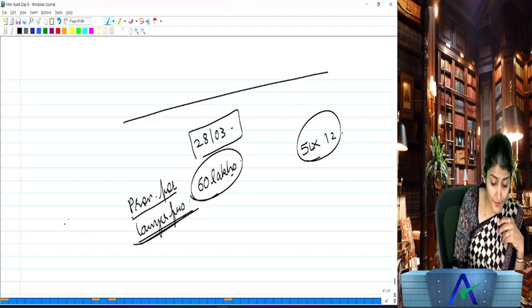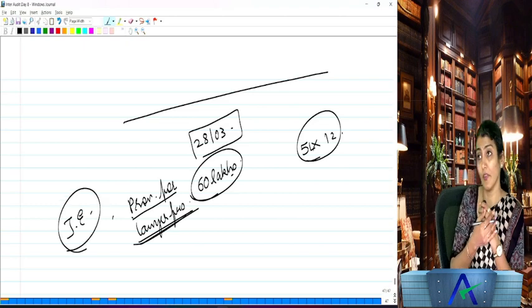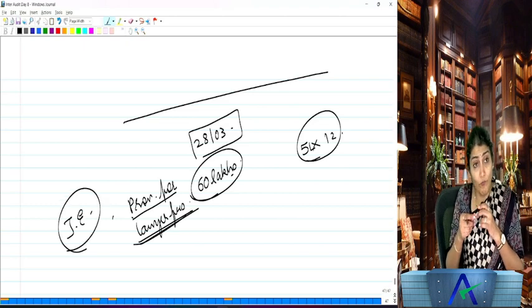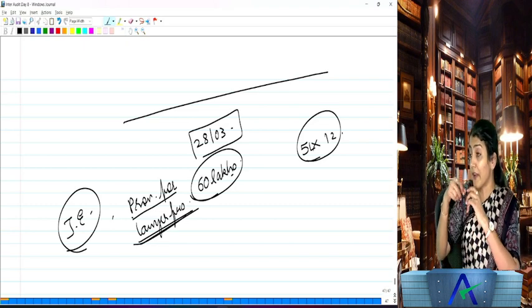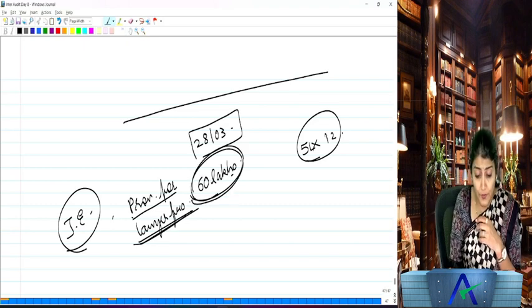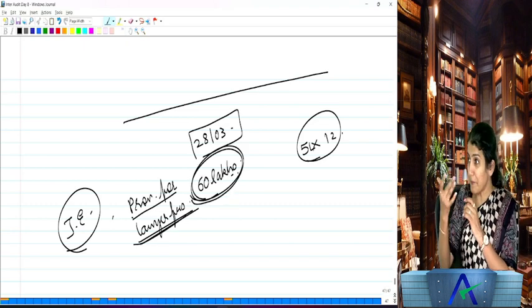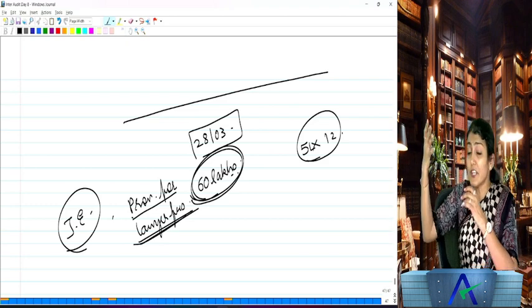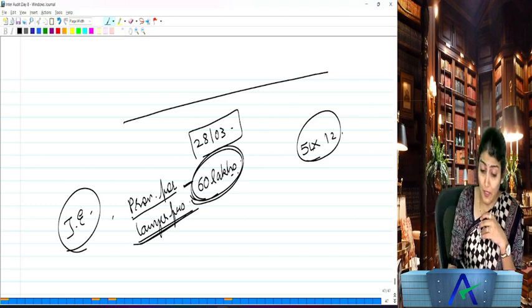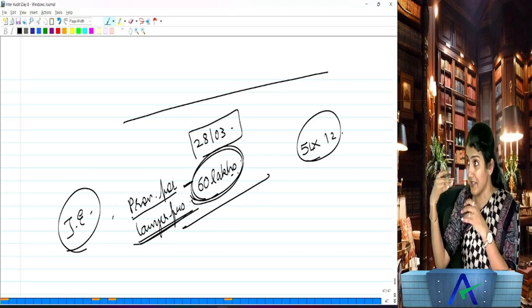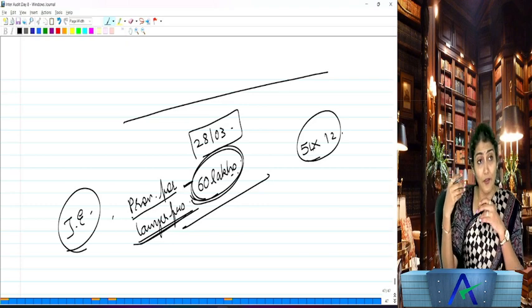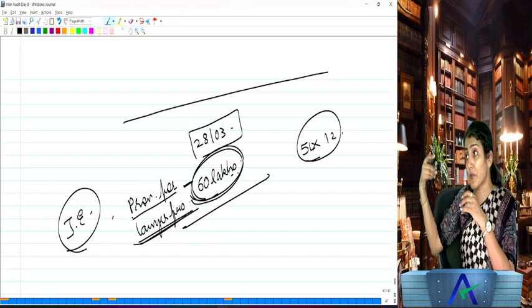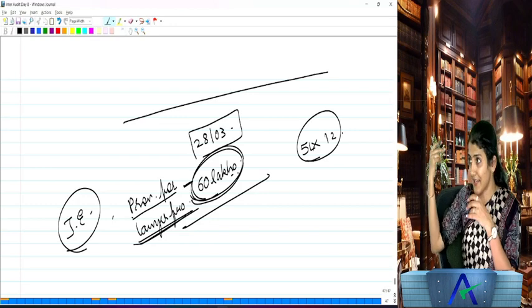What is this? A fictitious journal entry, particularly close to the end of an accounting period. Why? To reduce your tax liability, to manipulate the operating results, or to achieve other objectives. Obviously, if I make a provision, I can deduct it, it will reduce my profits, and it will reduce my tax liability.